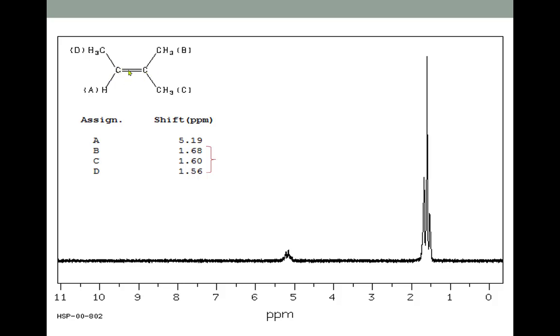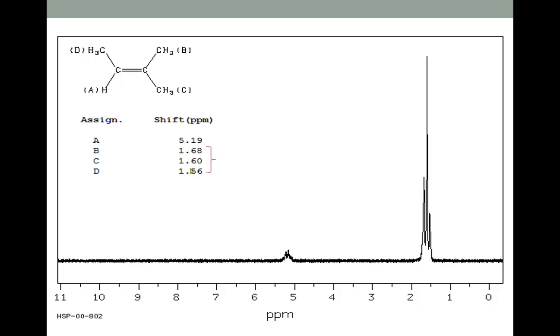The magnetics of that alkene are de-shielding that one hydrogen because it's directly connected, and so we see it showing up way up around 5. You'll see vinylic hydrogens in the table we're about to see show up in the neighborhood of 4.5 to 6.5, depending on what else is going on around them.